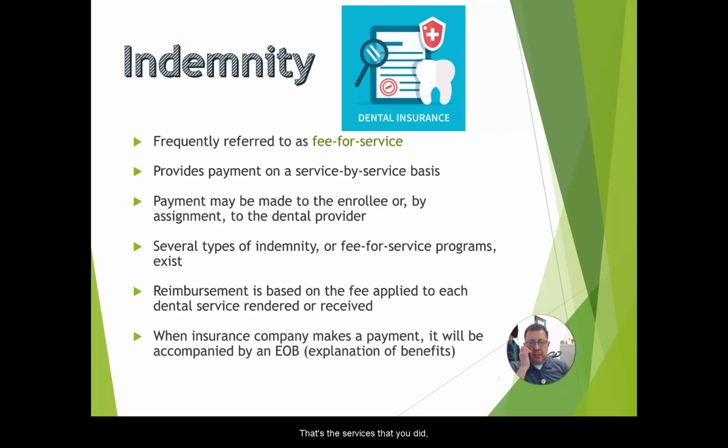That's the services that you did. Okay, service for service. Payment may be made to the enrollee or by assignment to the dental provider. Okay, so what happens is the patient can send the claim to the insurance company, because they pay the provider.